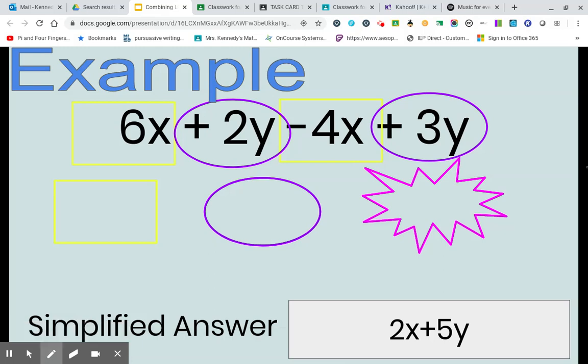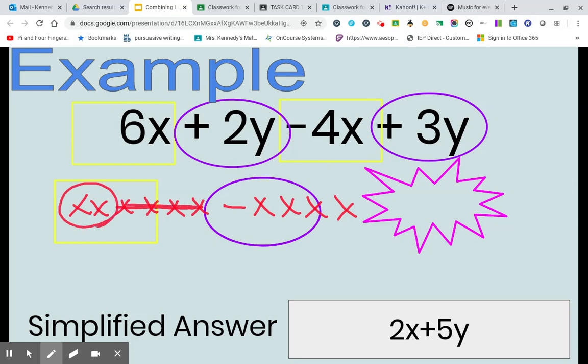I'm just going to write on top of this. 1, 2, 3, 4, 5, 6 minus 1, 2, 3, 4. So if I were to take 4 X's away from these 6 X's, how many X's do I have left? I have 2 X's left. That's where that came from.